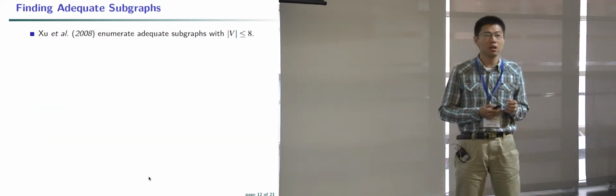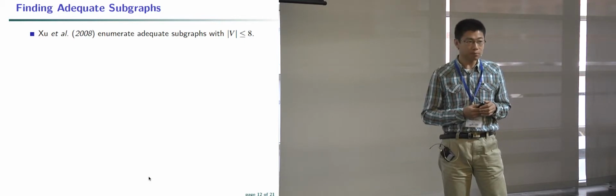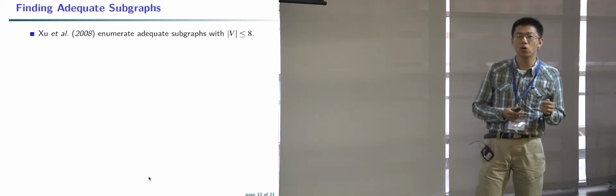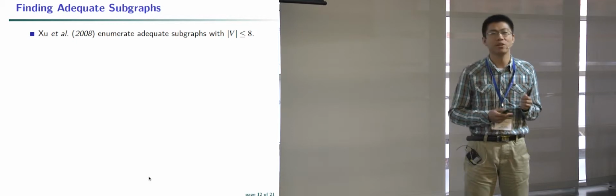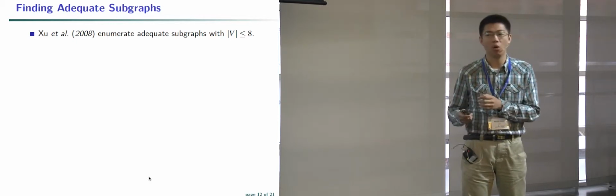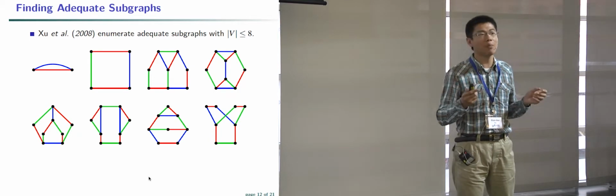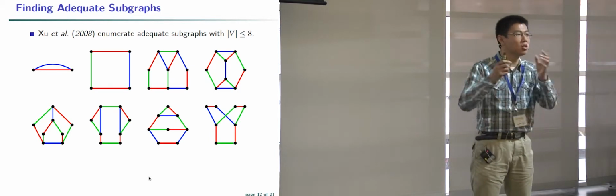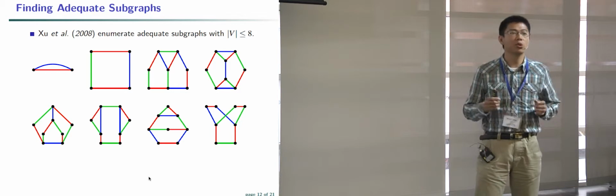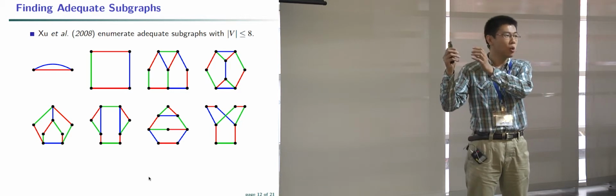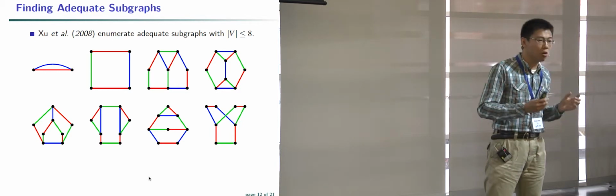To do this, Xu enumerated all the possible small adequate subgraphs and put them in a pool. You can see some of them here. Each time, he compares the whole graph to each of the adequate subgraphs to see whether the adequate subgraph is a subgraph of the whole graph.